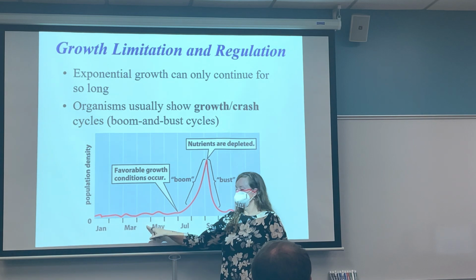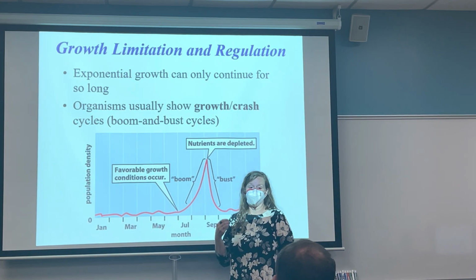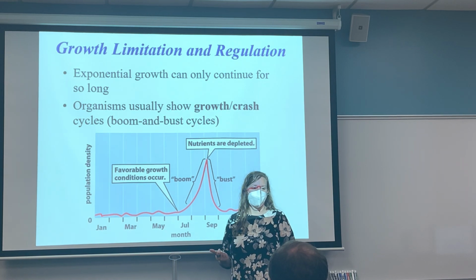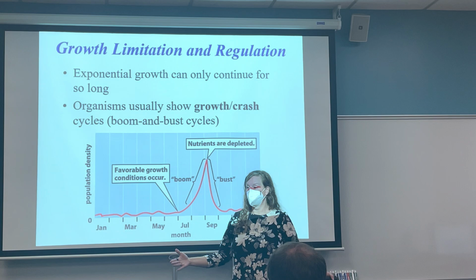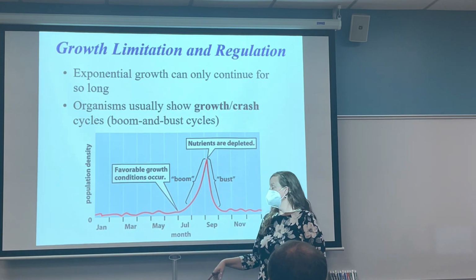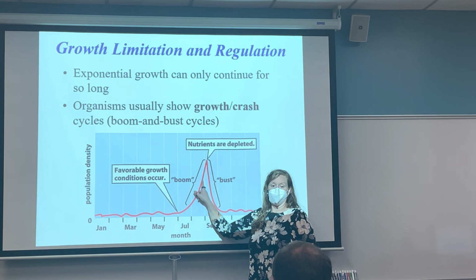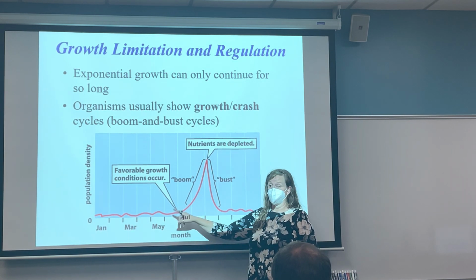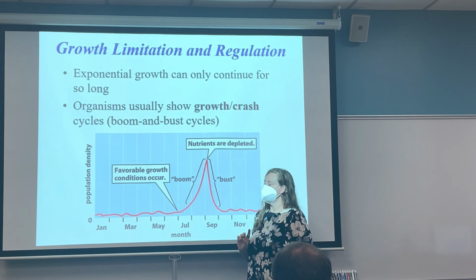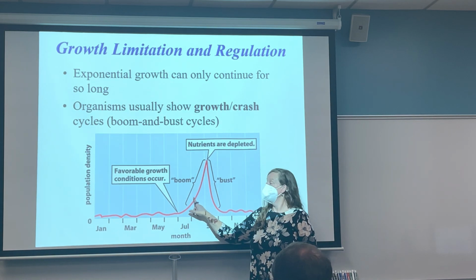Temperature gets really nice around here. Water is more available in liquid form. More sunshine. More hours in our day. All of those things make for a really good situation for plants to grow. When plants start growing exponentially, there's a lot of food for others. So when you have a lot of food, you do well. And so we see a lot of populations follow what the plants do.